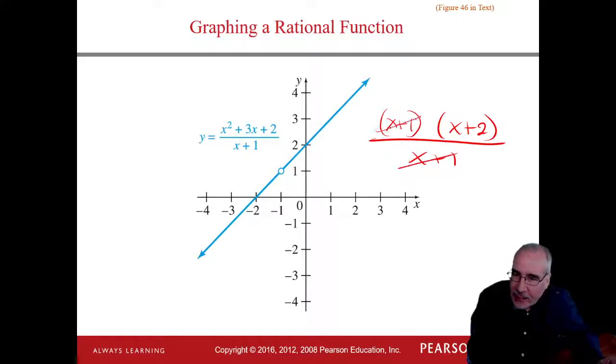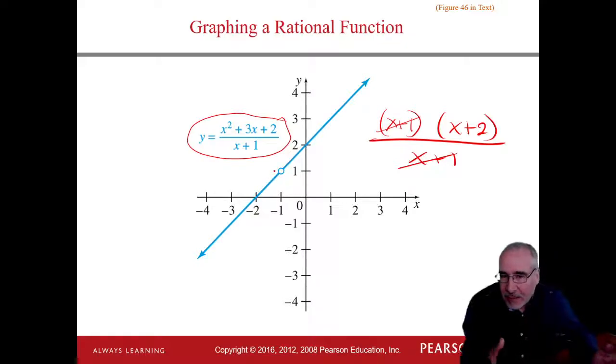They cancel out, and so this behaves like x plus 2, a linear equation, y-intercept of 2, slope of 1. However, there's this hole at -1. I've never gotten a really good explanation of it, but if this is our original, we can't plug in -1 because it's undefined, so that gets taken out of the domain, and the graph just looks like this. But if you graph this, this is what you'll see. You probably won't see this hole because a graphing calculator doesn't have a marker for it.